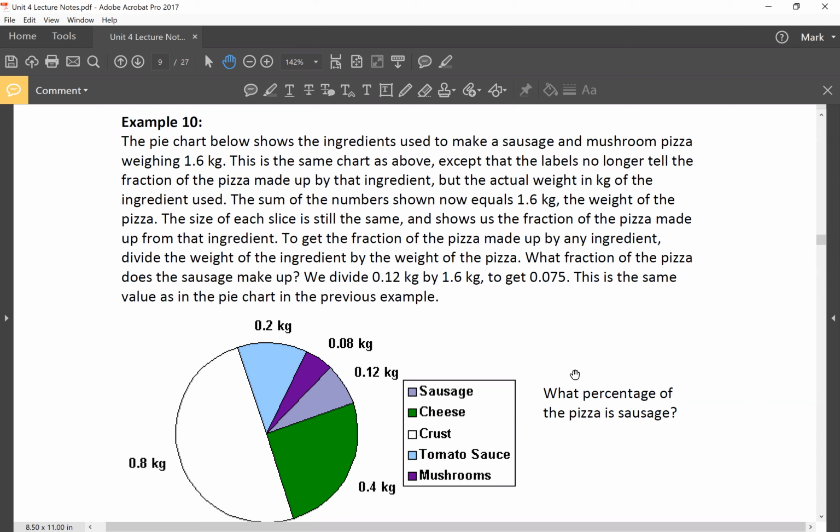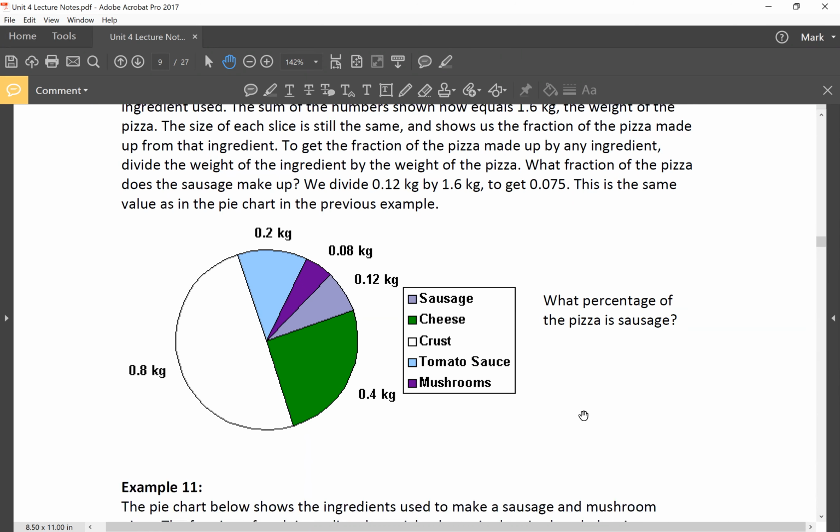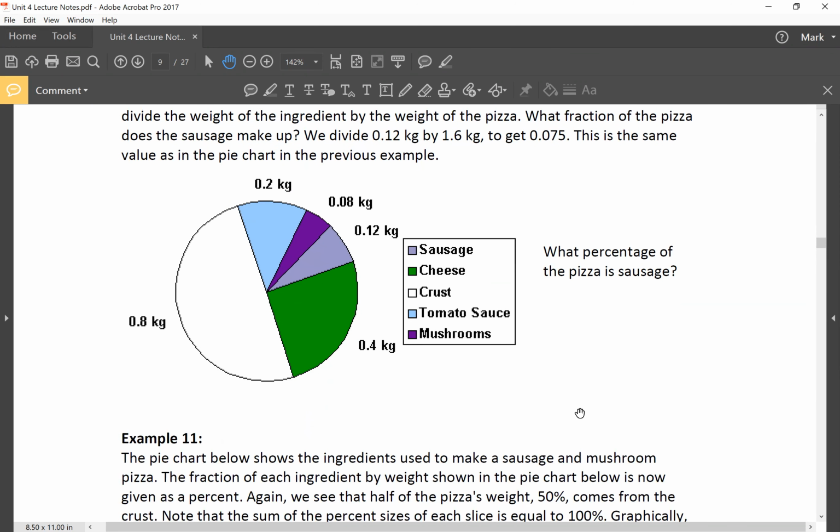There's a lot of words here. I'm not going to read the whole thing, but it mentions that to get the fraction of pizza made up by any ingredient, we're going to need to divide the ingredient by the entire weight. What I mean is, there's a question here: what percentage of the pizza is sausage?